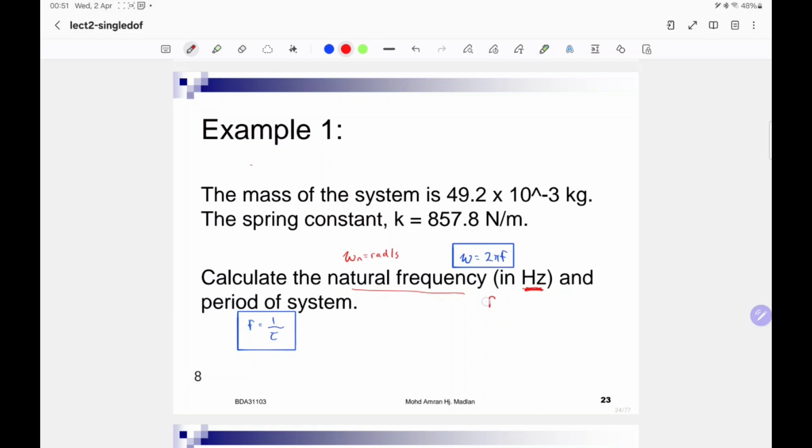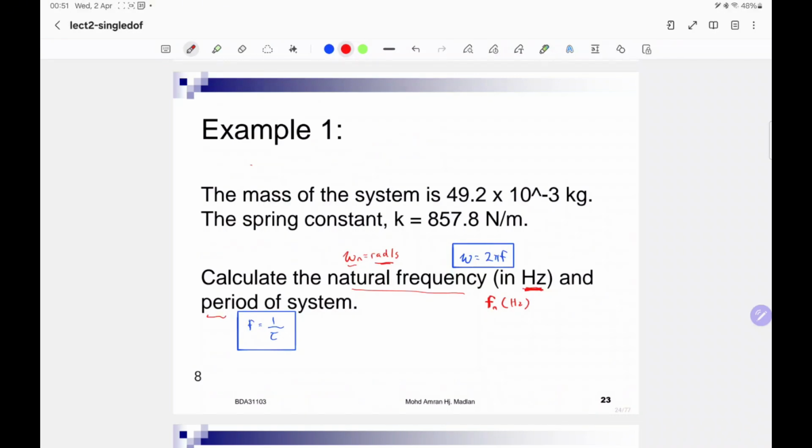So what the question asks is to find f. f is in Hertz and omega n is in radian per second. So it asks us to find the natural frequency in Hertz and also the period of the system.